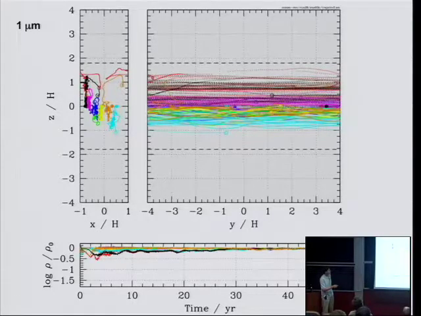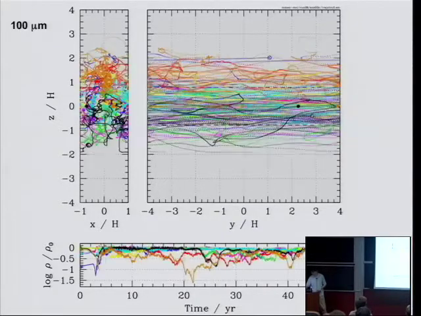But in the interior, pretty much all that happens is they settle to the midplane. So this is the grain trajectories projected along the orbital direction, and here projected along the radial direction, so the trajectories as seen from the star. So in the micron-sized case, all that happens is settling, and this shows the density history of the 8 particles.